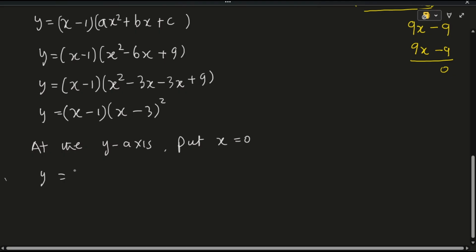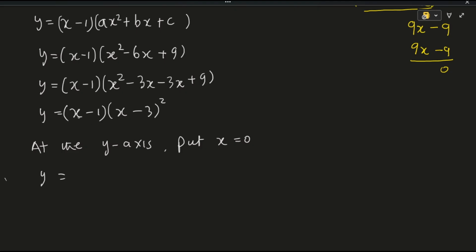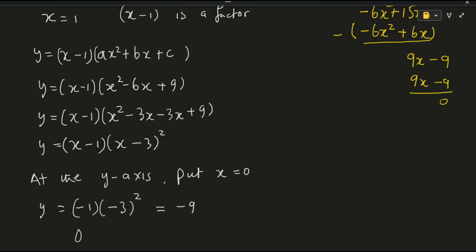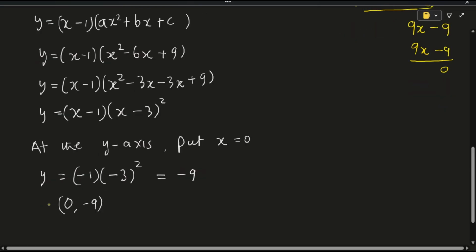So wherever we see x, we put 0 there. When we substitute x as 0, we're going to have, so y will become -9. So the curve cuts the y-axis at the point 0, -9. Let's consider this point as point A.